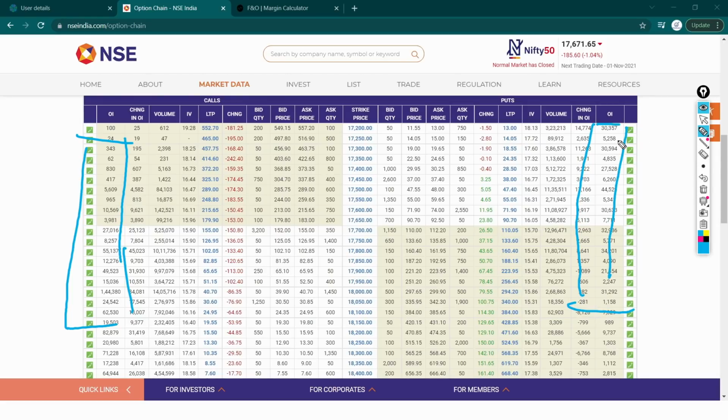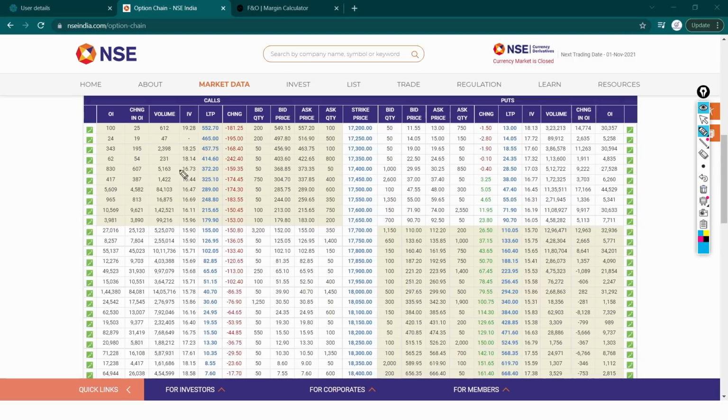What exactly is this open interest? For example, here I can see a number of 1,44,000 contracts. What exactly does that mean? This basically means that there are 1.4 lakh lots which are in open position.